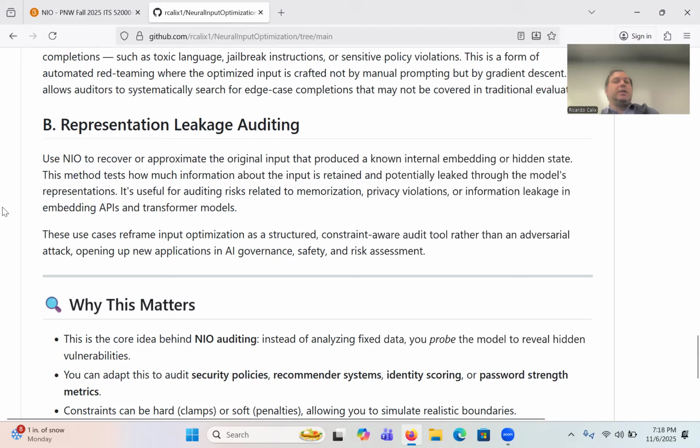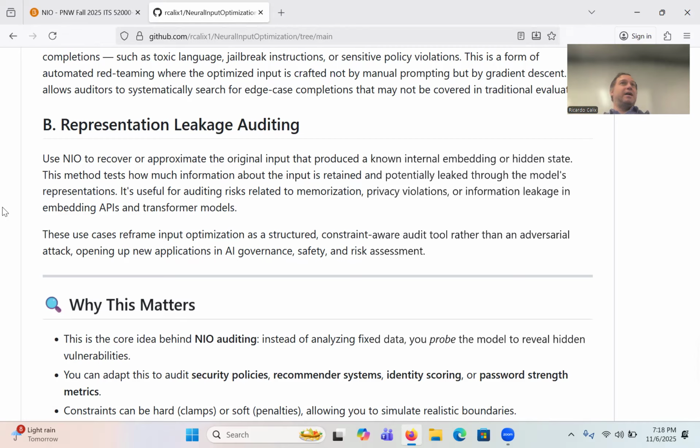Representation leakage auditing. Use NIO to recover or approximate the original input that produced a known internal embedding or hidden state. This method tests how much information about the input is retained and potentially leaked through the model's representations. So everyone initially thought, well, it's a neural network, it's all numbers. Who cares if we train with someone's data?